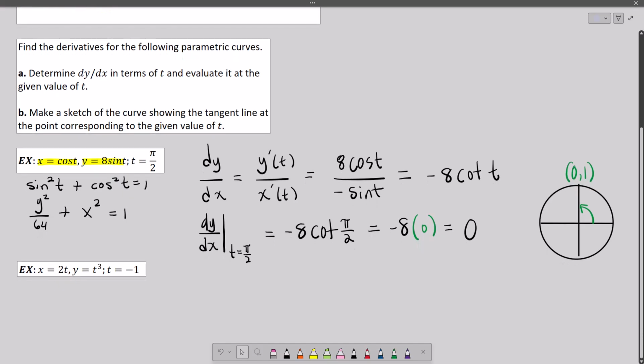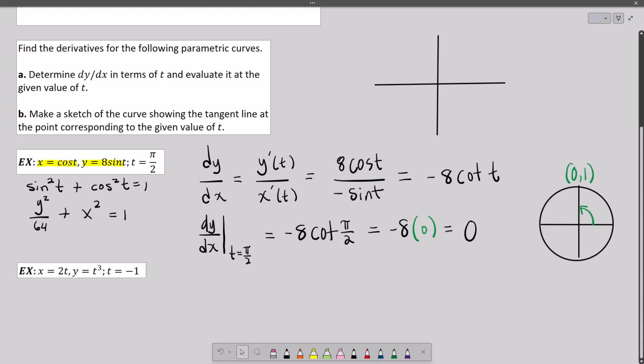Do you remember how to graph ellipses? If we're graphing that ellipse, the center is 0, 0, because it's y and x. It's not y minus something and x minus something. There's no parentheses, so the origin is the center. You look under the y's, and you take the square root, and you get 8.